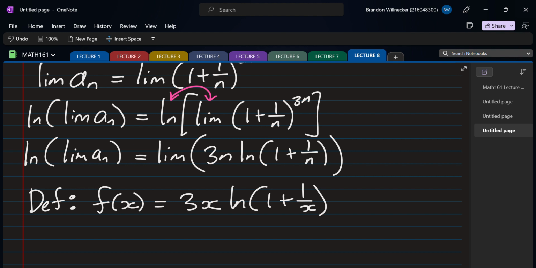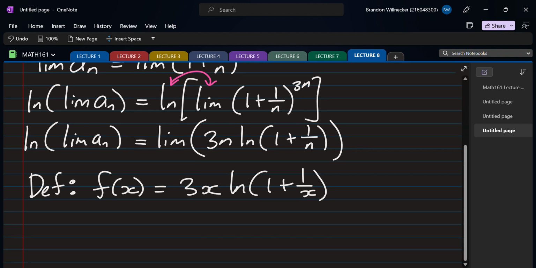So we've replaced n, which is a natural number, with x, which is a real number, but that's fine because when we take the limit, it doesn't matter, right? The natural number going to infinity or x going to infinity, we're going to end up with the same behavior. But the nice thing is, when we've changed it to x, we can now use calculus, which is good.